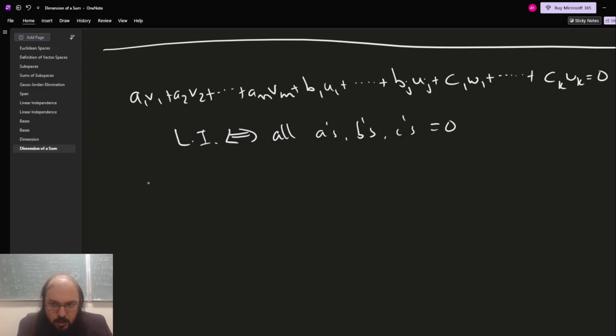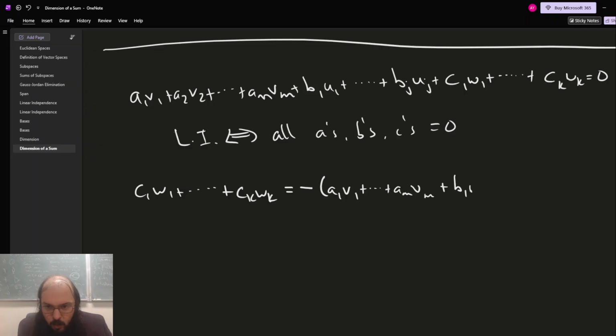So the first thing I'm going to do is take all the c's and put them on one side of this equation by themselves. We push everything else to the other side. So I get a1 v1 and so on up to am vm, and then also b1 u1 up to bj uj. We push all those things to the other side.